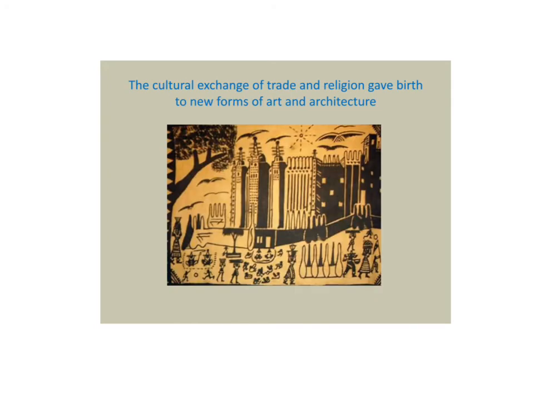So remember, we talked about how not only do you trade goods, you also trade ideas. We started having this cultural exchange as people from different areas started meeting. And the exchange of trade and religion and ideas also brought forth new forms of art and architecture.